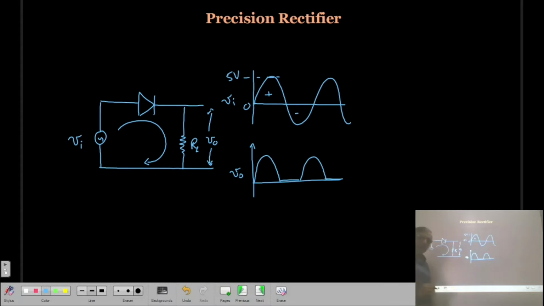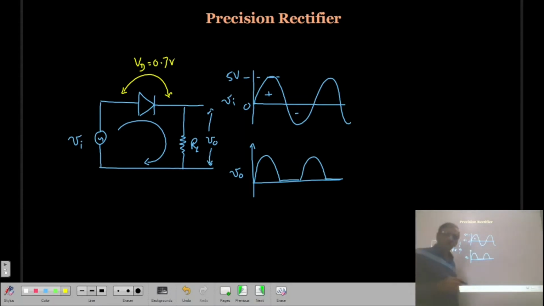But normally, if we have an ideal diode, then the amplitude of the input voltage and the output voltage will be the same. Here, if we have a silicon diode, then there will always be a drop across the anode and cathode of the diode, and this voltage drop will be about 0.7 volt.